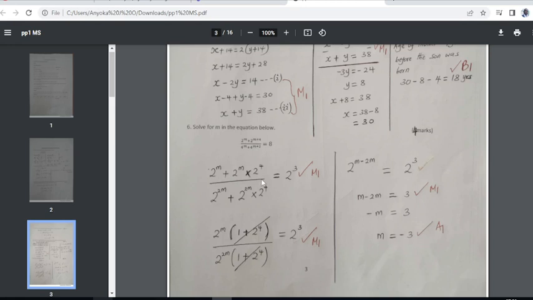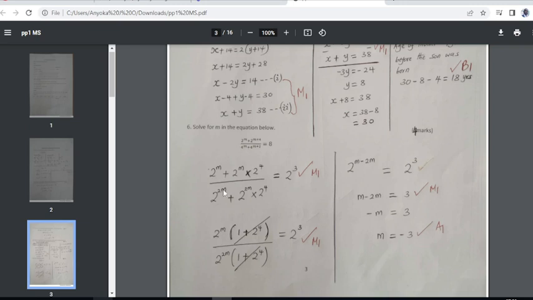Every time you see a question that is behaving as indices, try to express it in prime factors. For example, 4 can be 2 squared, so 4 to the m is 2 to power 2m.